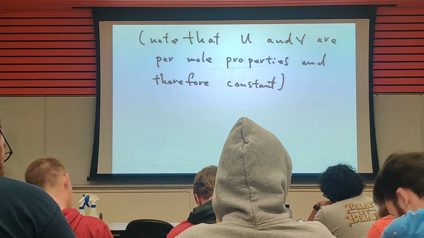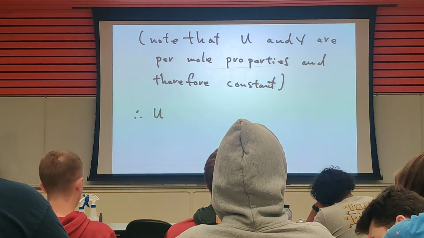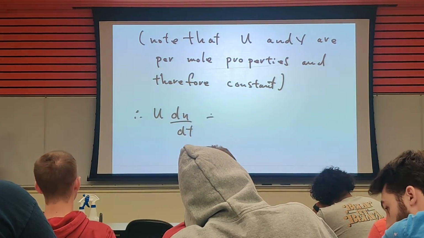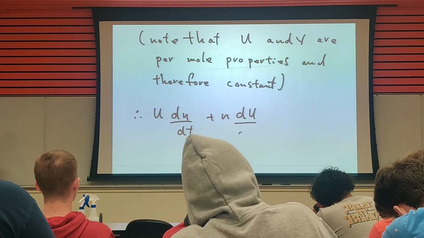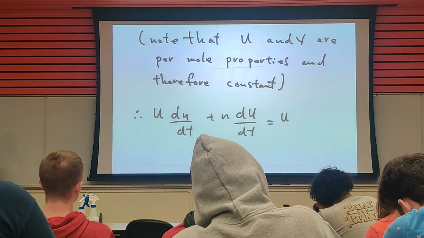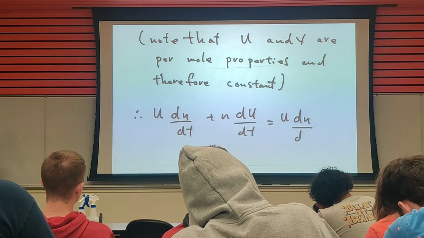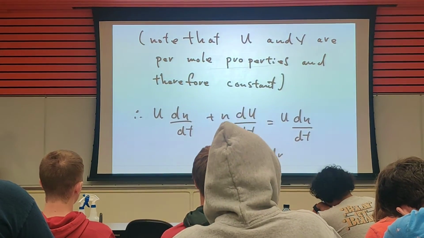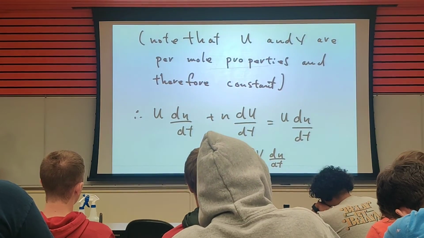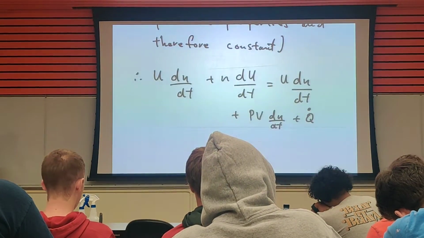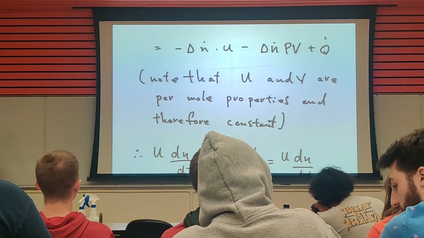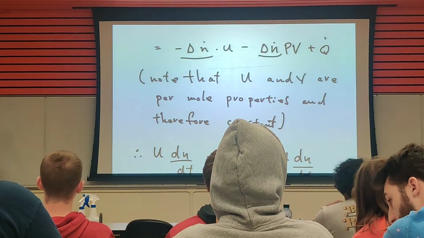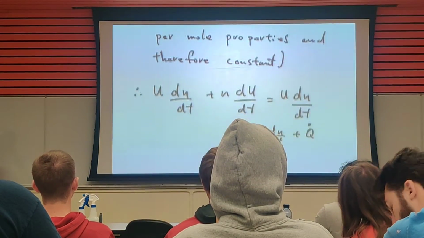So we have that, therefore, U dn/dt plus n dU/dt is equal to U dn/dt plus PV dn/dt plus Q dot. And here I've used the fact that this minus delta n dot term is going to be equal to dn/dt.